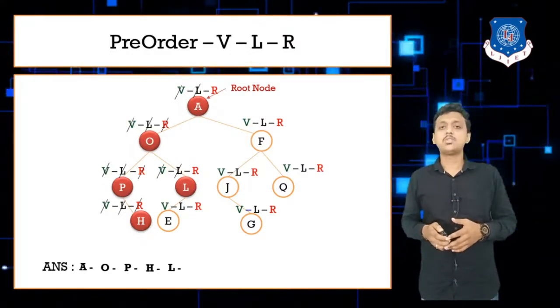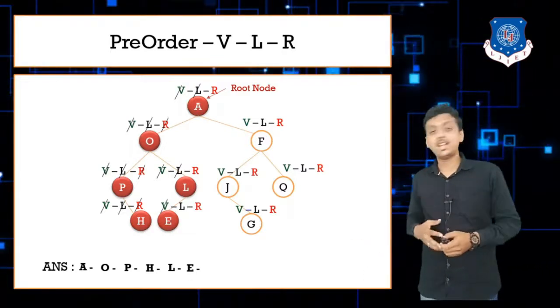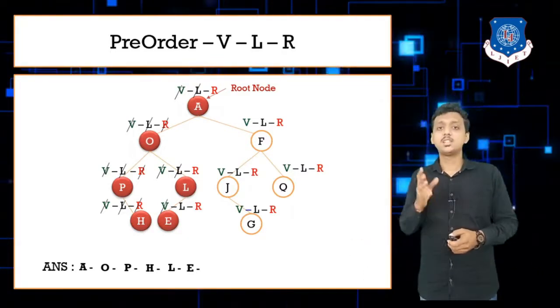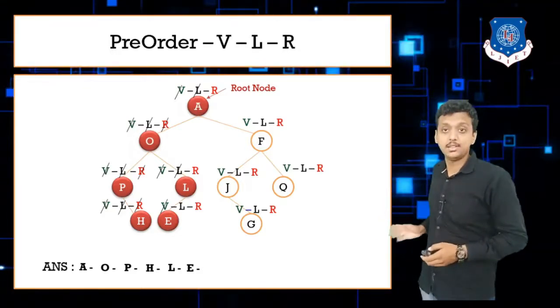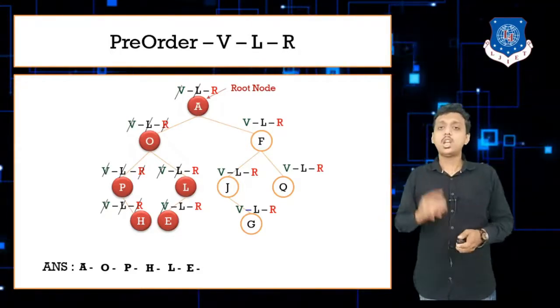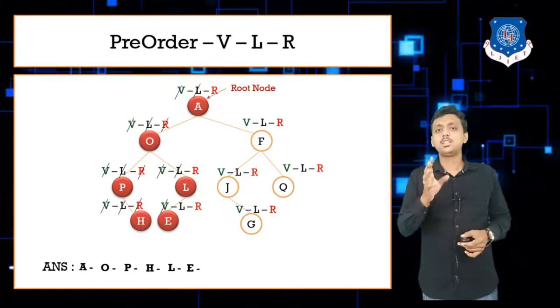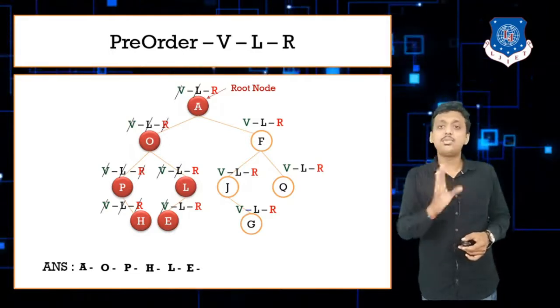I cut V, visit node E, and put it in our answer bucket, that is O, P, H, L and E. So now we know that E is a leaf node.